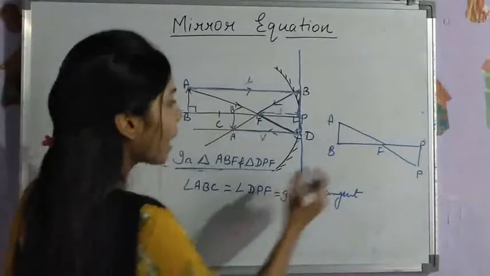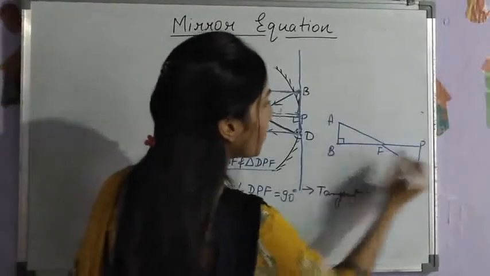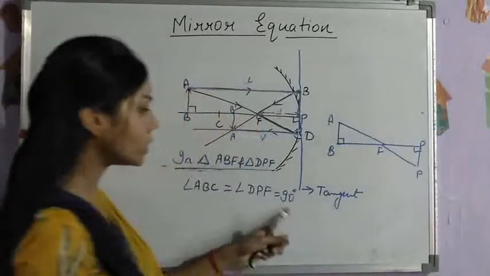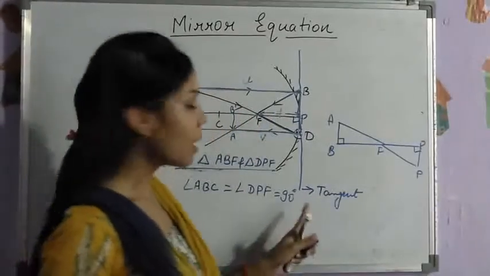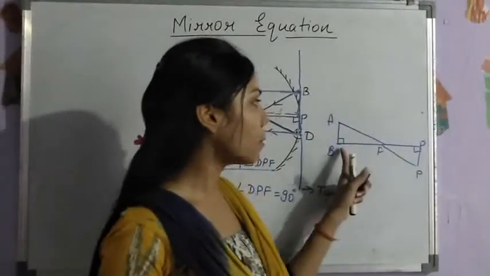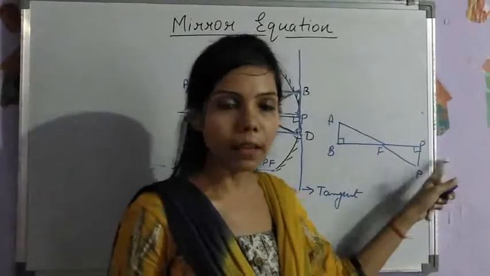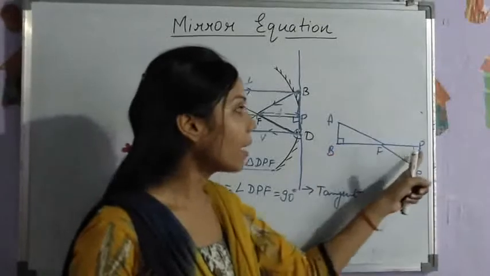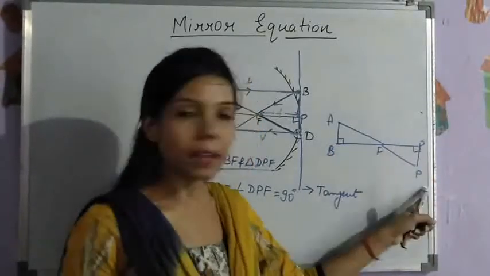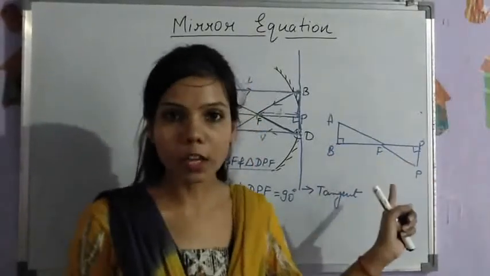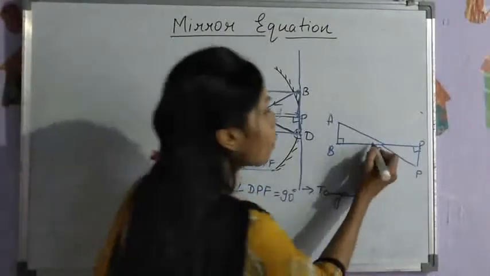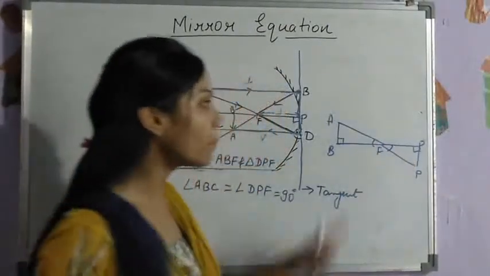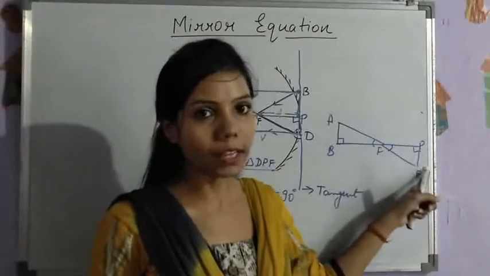Okay, so I have told that this angle B and this angle P are equal to each other because both are right angles. Now what about these angles? Angle AFB and angle DFP. Are these 2 angles also equal? So yes, these 2 angles will be also equal to each other because they are vertically opposite to each other.